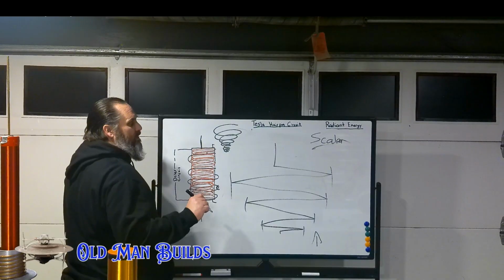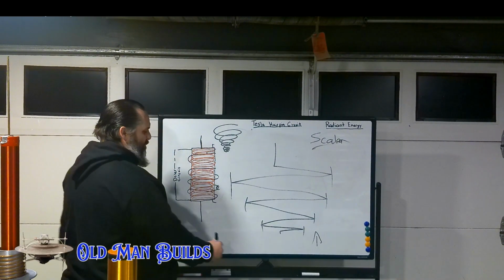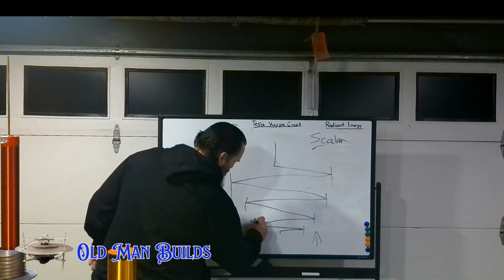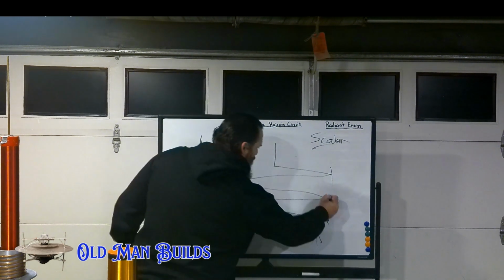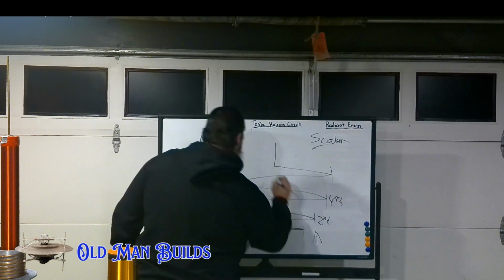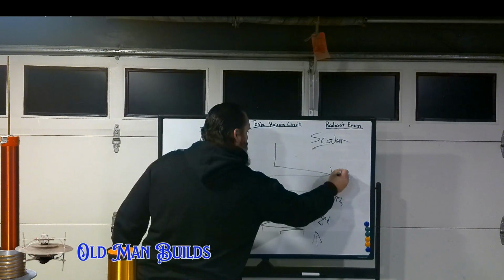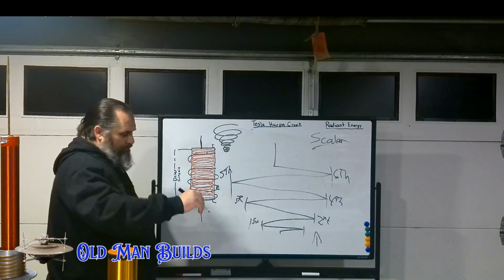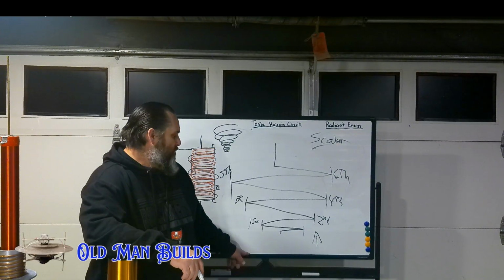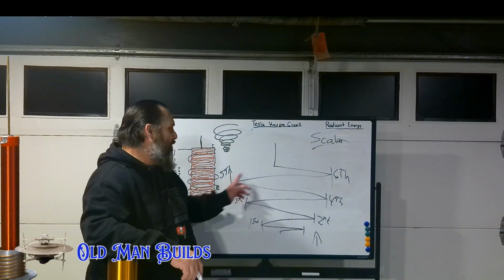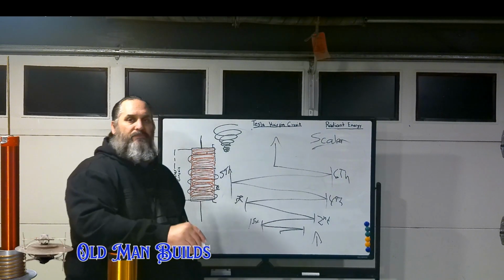So, we know that. What is the one thing that nobody understands about this? If I told you this is how your harmonics build: first, second, third, fourth, fifth, sixth harmonic, and it goes out.